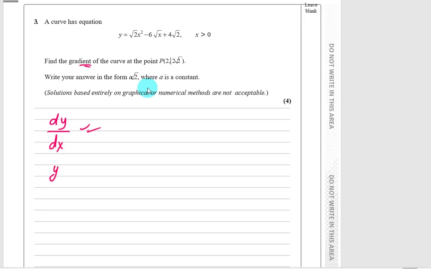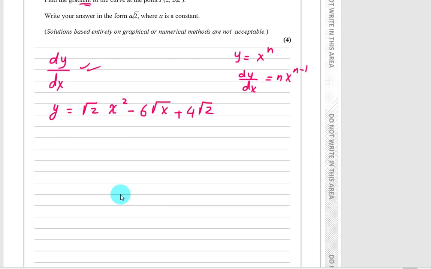So let us write y equal to square root of 2 times x squared minus 6 square root of x plus 4 square root of 2. You know that if y equals x power n, then dy by dx equals n x power n minus 1. So dy by dx equals square root of 2 times 2x minus 6 times half x power half minus 1 plus 0.